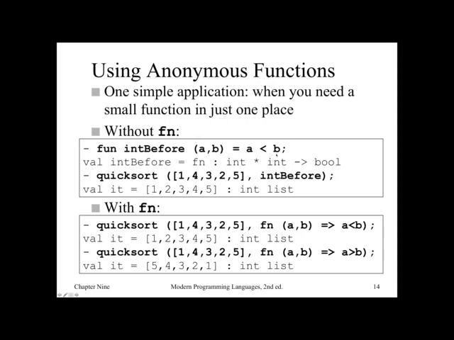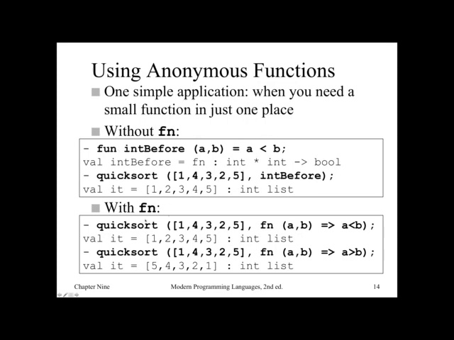That's defined by A is less than B. You can see that int before is a function that takes a tuple of ints and returns a Boolean. For this quicksort function in particular, I've got to have a function that allows me to tell which one of these two items comes before the other one. So that's how I do it when I just declare it the way we've learned so far.